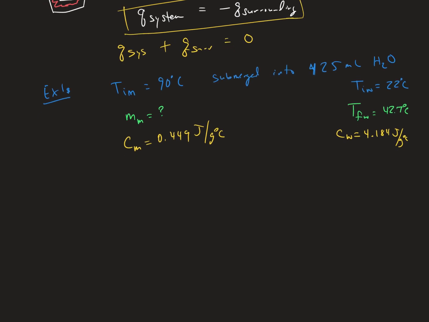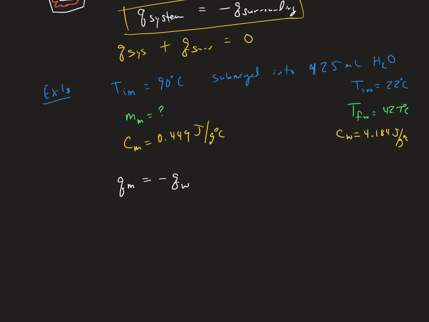So now that we have this, we know our equation is Q of the metal equals negative Q of the water. And again, which one is the system? Which one is it? It doesn't matter. One of them's negative, one of them's positive.